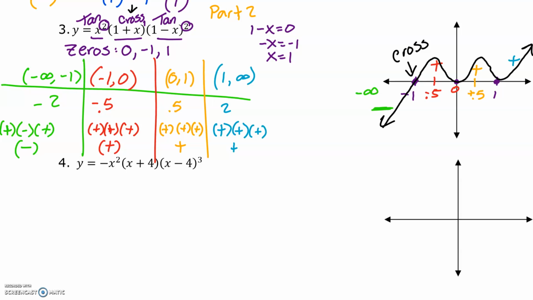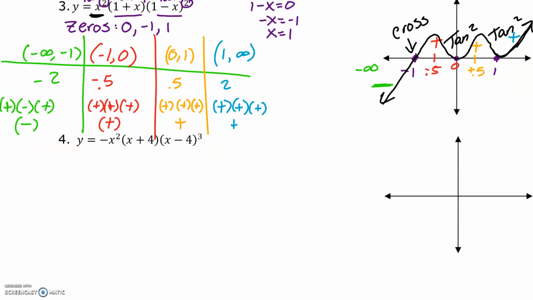Our next one is going to be tangent, because it's squared right here. And then our last point is tangent as well. So tangent squared, it's going to go up and then kind of bounce and then come back up. Point tangent to the x-axis.